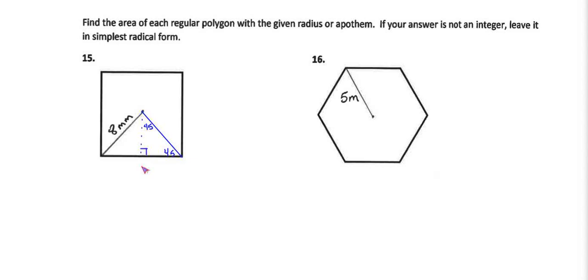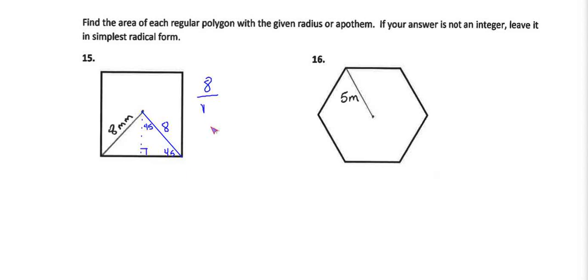And the radius is 8, so in my 45, 45, 90, that is the hypotenuse because it's opposite the right angle. So the first thing we want to do is find the length of the apothem. So we know we can find the length of the apothem by taking the hypotenuse and dividing by the square root of 2.